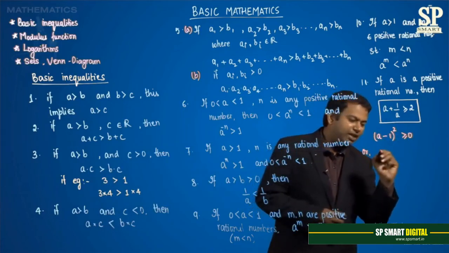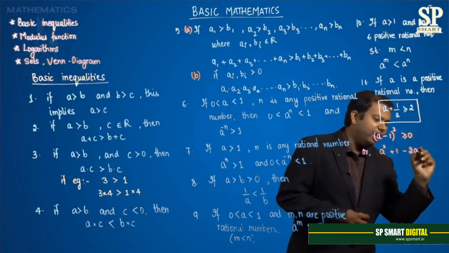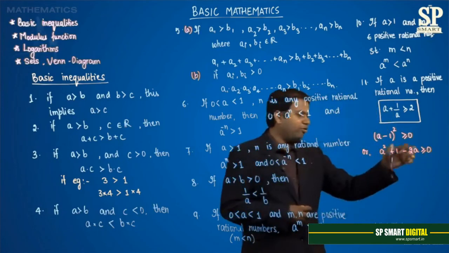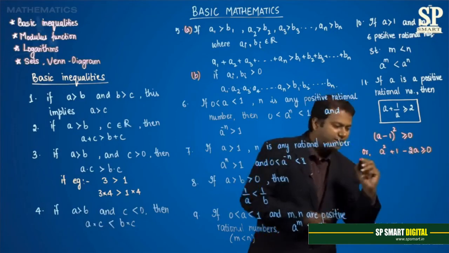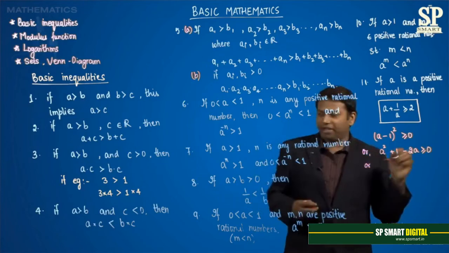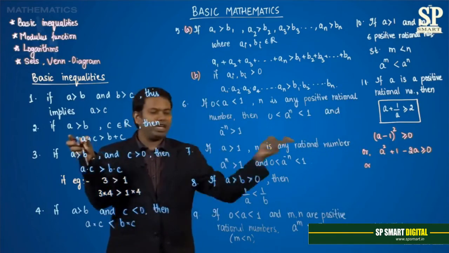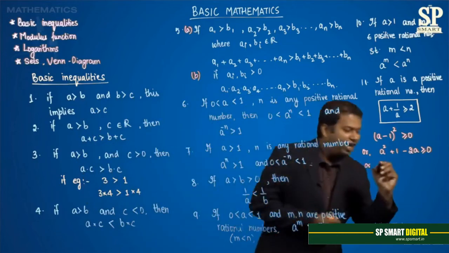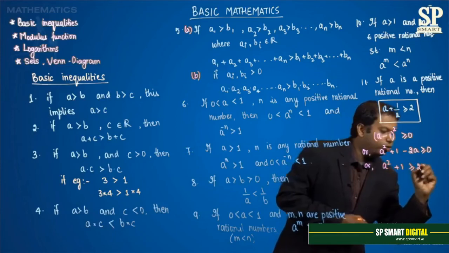If we expand this, we get a square plus 1 minus 2a, and this is greater than or equal to 0. From here, if we add 2a on both sides, the inequality remains the same. So we have a square plus 1 is greater than or equal to 2a.